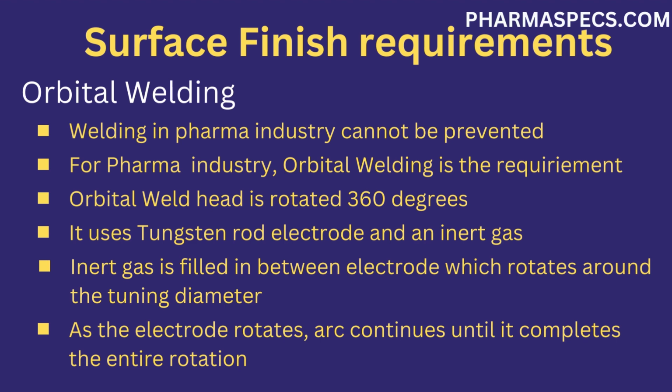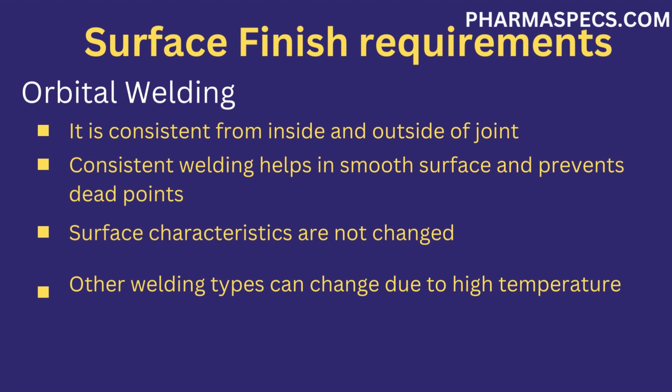It uses a tungsten rod electrode and an inert gas. Inert gas is filled in between the conducting electrodes. The benefit of orbital welding is that since the head moves instead of the object being welded, the joints are consistent with smooth surfaces, and the consistency is obtained from inside and outside.